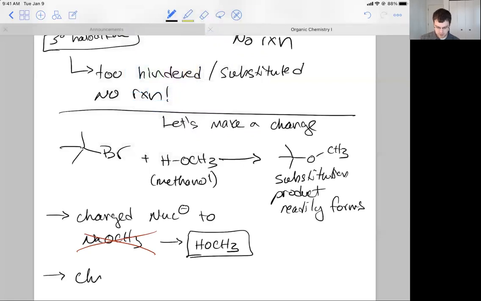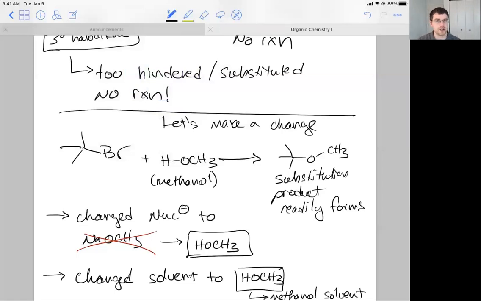Furthermore, we changed the solvent. We changed the solvent from whatever it was above, I didn't label one, but acetone or DMSO, to HOCH3. That is to say that methanol is the solvent.